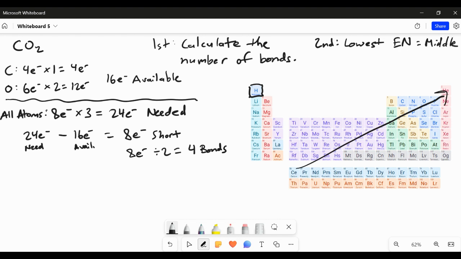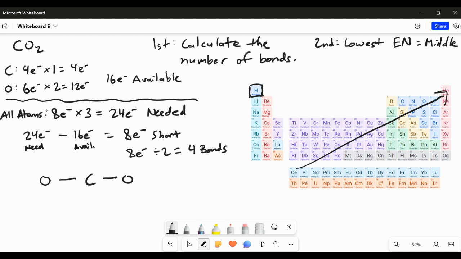Because electronegativity goes lower as you go down and to the left, and carbon is in the same row, but to the left of oxygen, it means carbon must have a lower electronegativity. So carbon has to be our central atom. And I'm going to put the oxygens on either side. Okay. Now I'm going to connect these by single bonds.